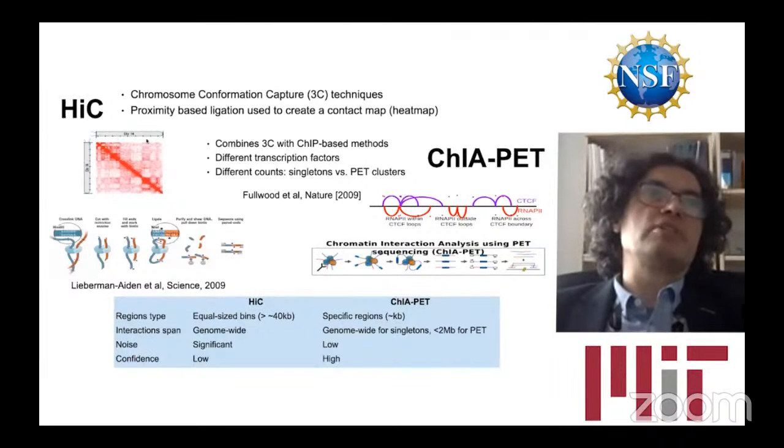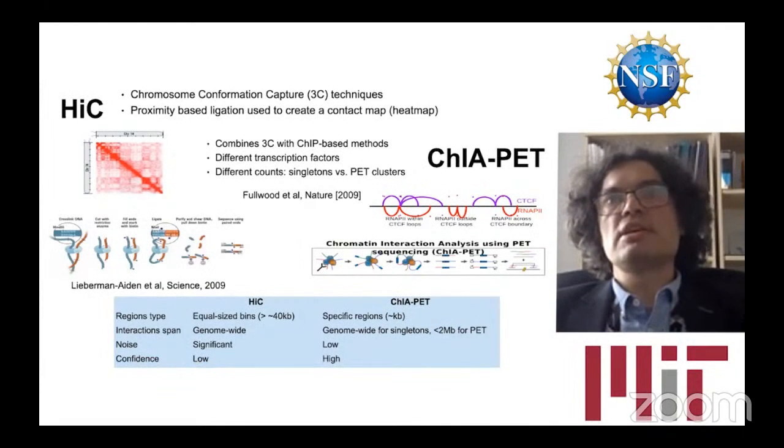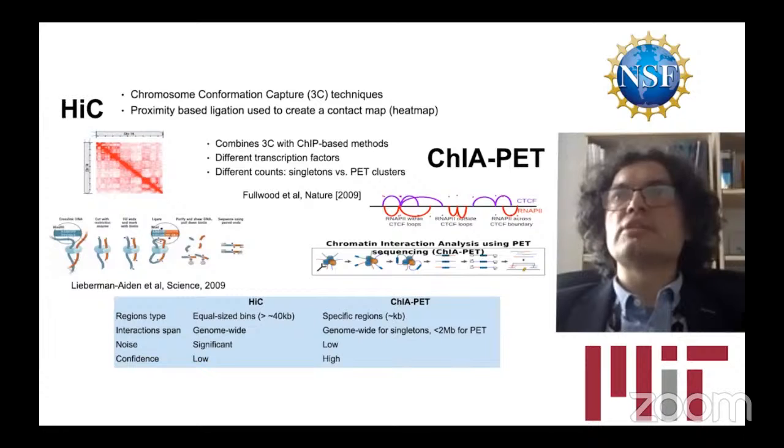Here we have chromosome 14, and of course it could be another chromosome or the whole genome. In the case of ChIA-PET, there is an additional step, which is related to immunoprecipitation. So this step selects, from all those interactions which are observed in Hi-C, very specific interactions which are related to a protein mediator. In our approach, actually, we are using data mostly from two proteins, CTCF and RNA-POL2.